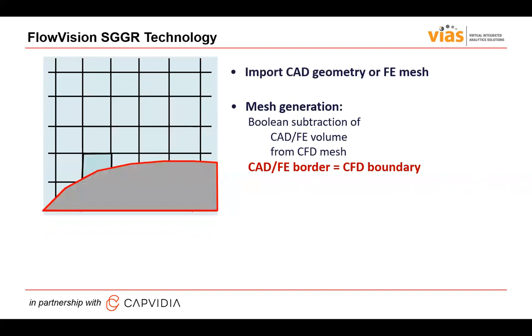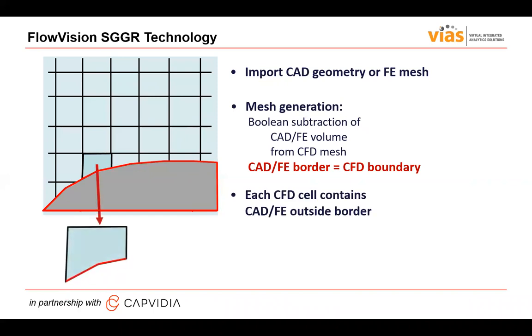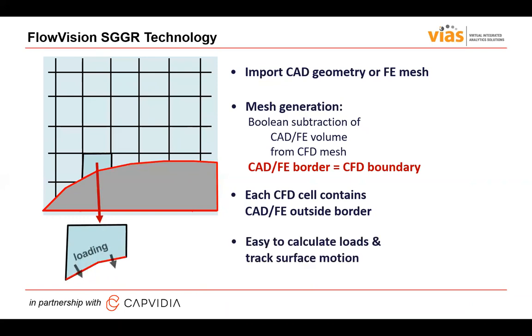The result is that your CAD or finite element border becomes the CFD boundary, the finite volume cells. So each CFD finite volume cell contains one CAD or finite element border, of course, if it's in the vicinity of a wall.